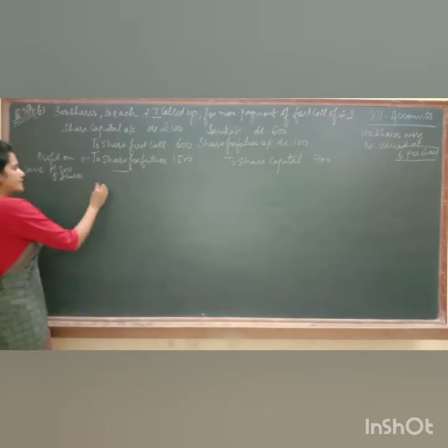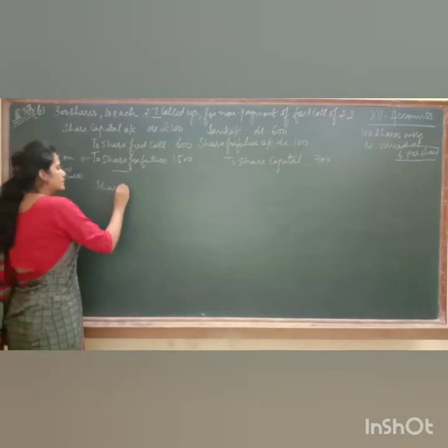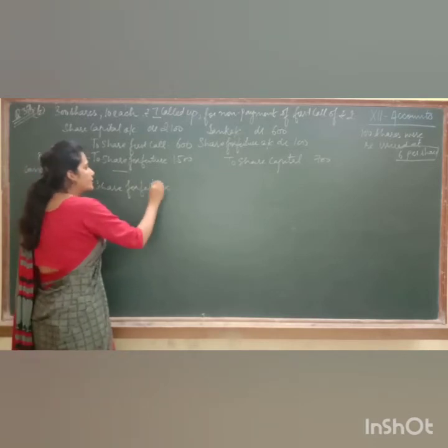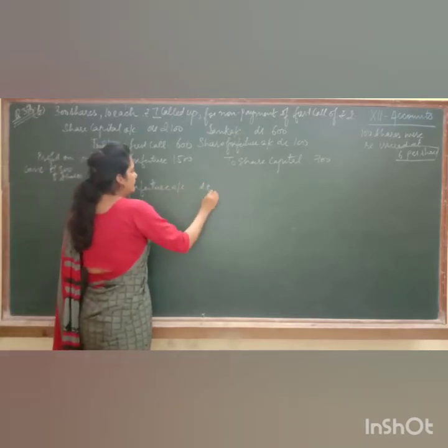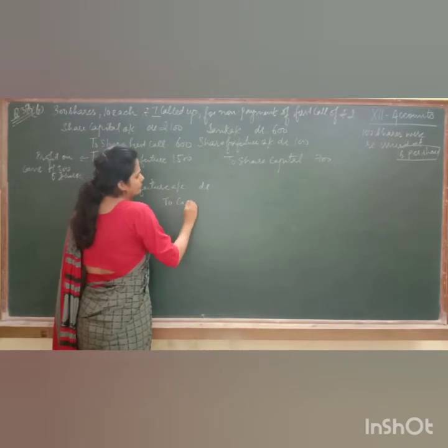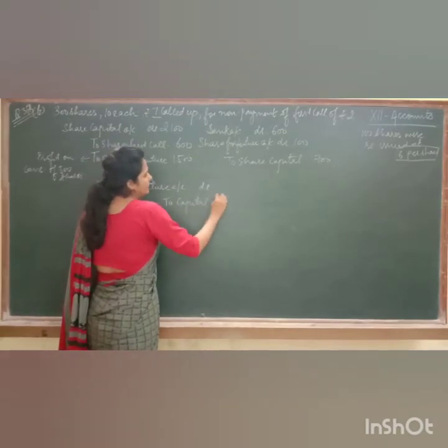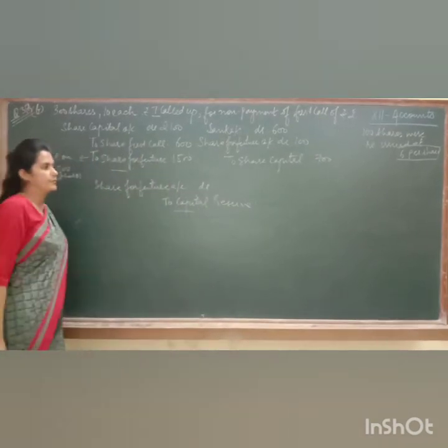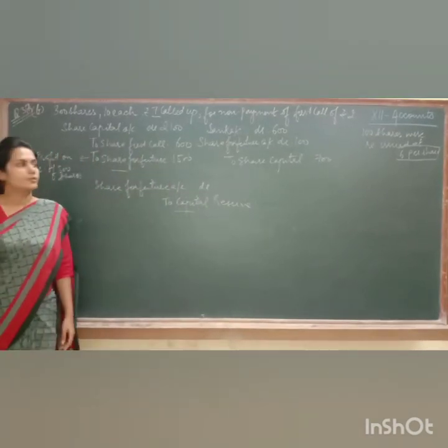Now we have to pass the next entry, that is share forfeiture account debited to capital reserve. So now see how to pass this entry.